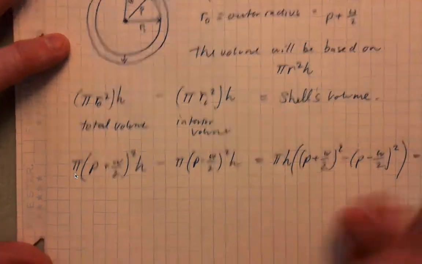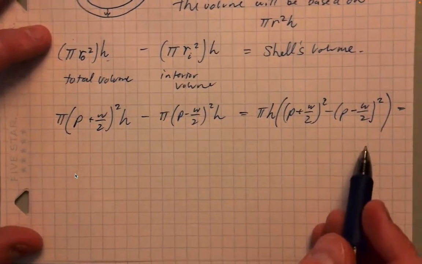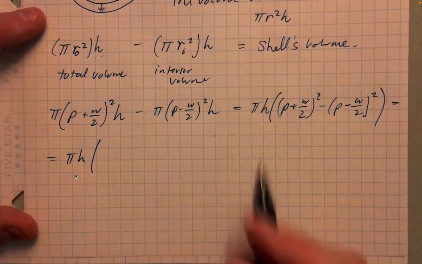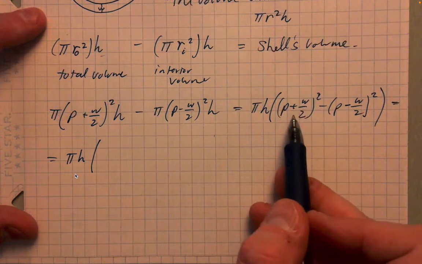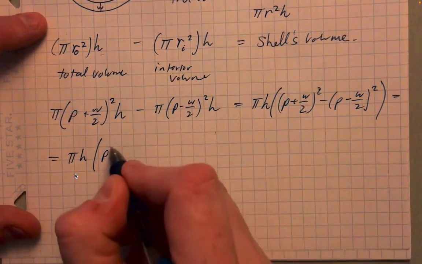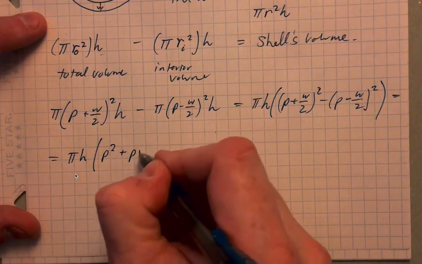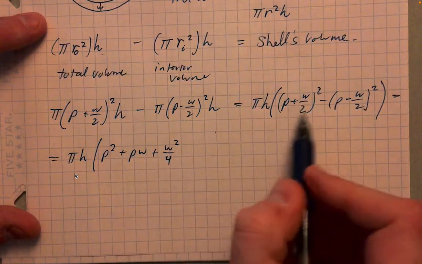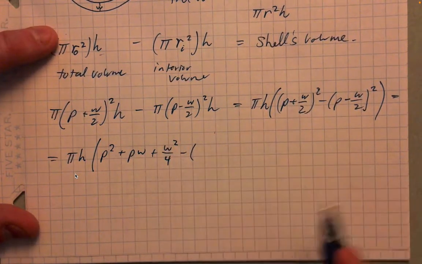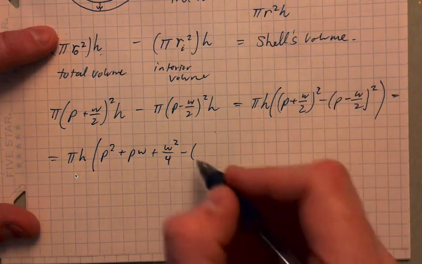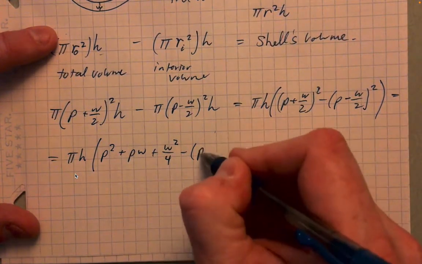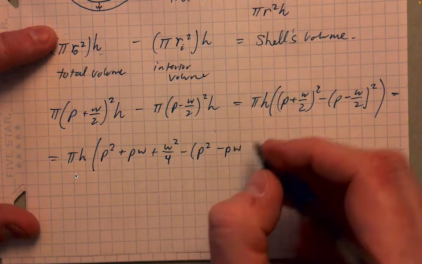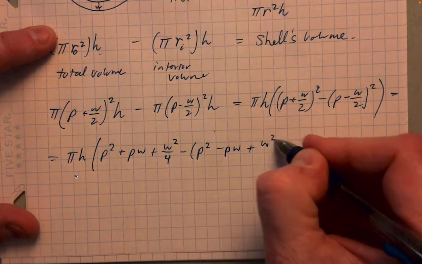We can pretty easily expand this and simplify a bunch. So when we expand this one, P plus W over 2 squared, we get P squared plus PW plus W squared over 4. That's just foiling this piece out. Then we do the same thing here, and we would get P squared minus PW, and then plus W squared over 4.